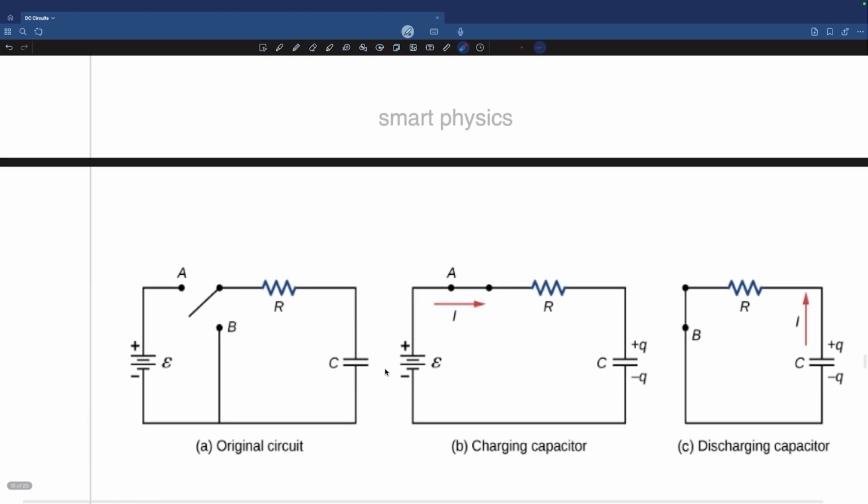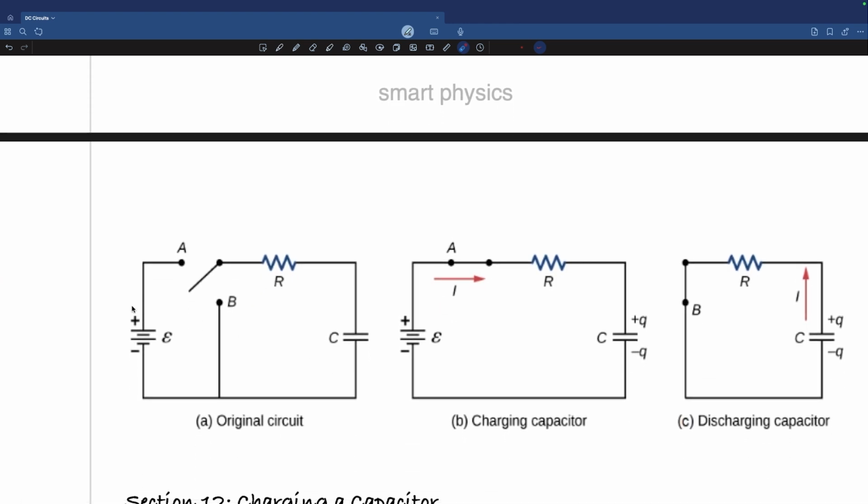Now, let me explain the circuit. You have a source here, and you have a flip switch. That means this switch can be put in contact with either A or B. If you flip the switch and put it in contact with A, as shown here, then a current begins to flow, and that current flowing through is going to charge the capacitor. Now the capacitor gets charged to a maximum.